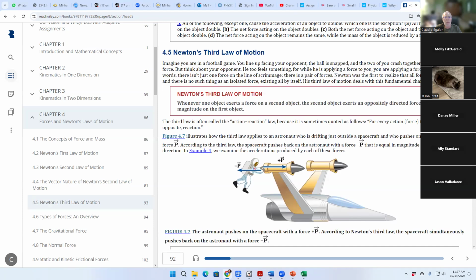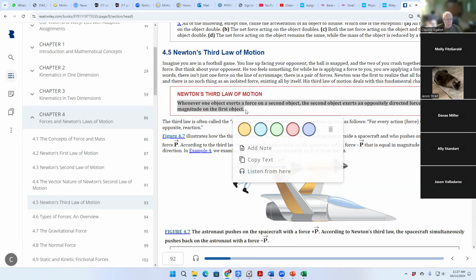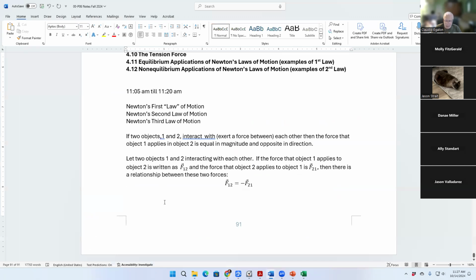That's another way of formulating Newton's third law of motion. Now you choose the best one to memorize. The definition in the book is written differently, but they mean exactly the same.